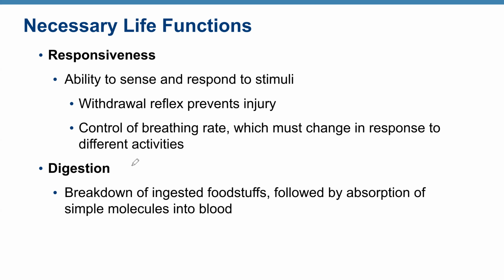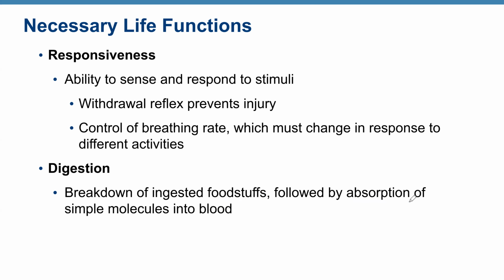Digestion is breakdown of ingested foodstuffs followed by absorption of simple molecules into blood. So first you digest your food. That means you will break large molecules into small nutrients, and then you will absorb those nutrients.